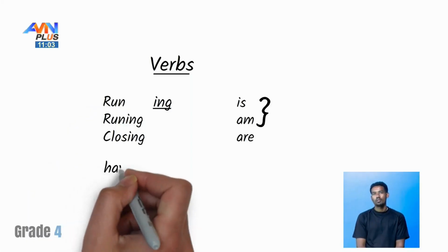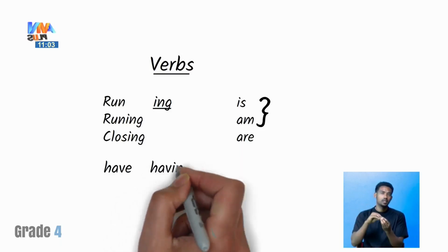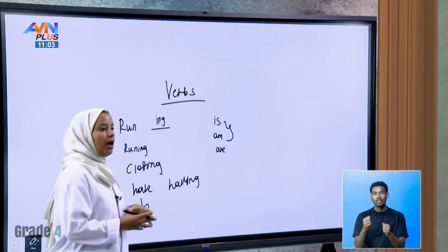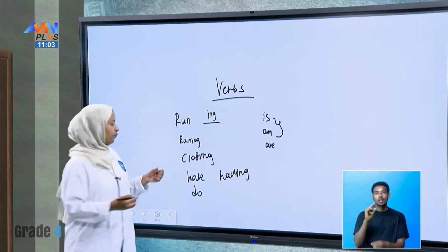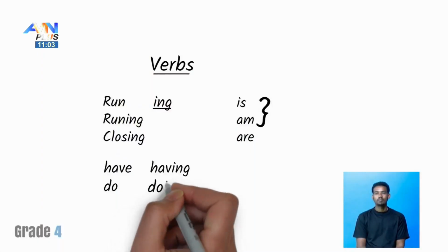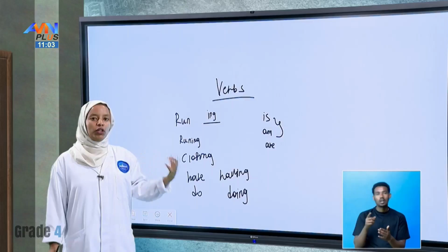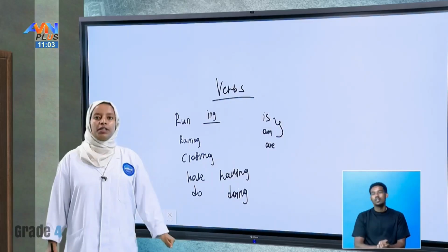We can easily use it by adding having. And also we can use do by adding ing, so we can easily say doing. So these are helping or modal verbs and easily we can use them with present continuous tense.